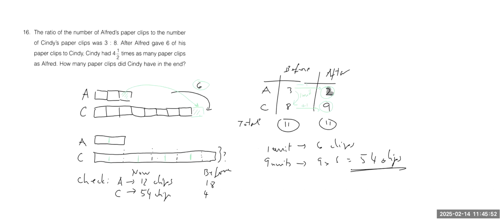And then the question is, what is this ratio? Okay, we have to prove that it is 3 to 8. So let's see. Alfred's to Cindy's number of clips is 18 to 48. And both can be reduced by 6, so 3. And 48 divided by 6 is indeed 8. So yes, that checks against the original facts of the problem. And that's it. We've solved it and we verified it.